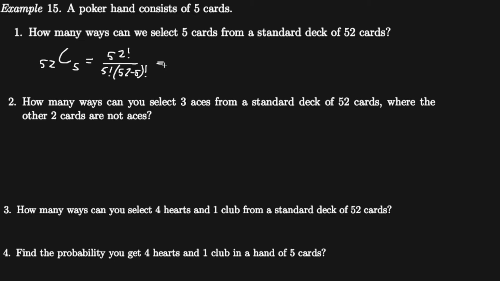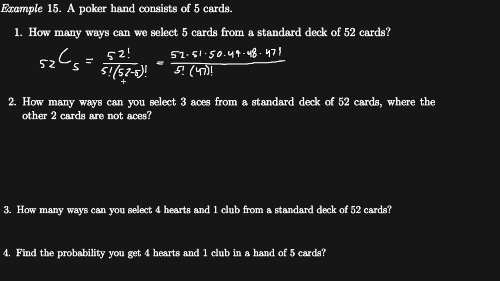Here we can simplify this as 52 times 51 times 50 times 49 times 48 times 47 factorial, and in the denominator we get 5 factorial times 47 factorial, because 52 minus 5 is 47.